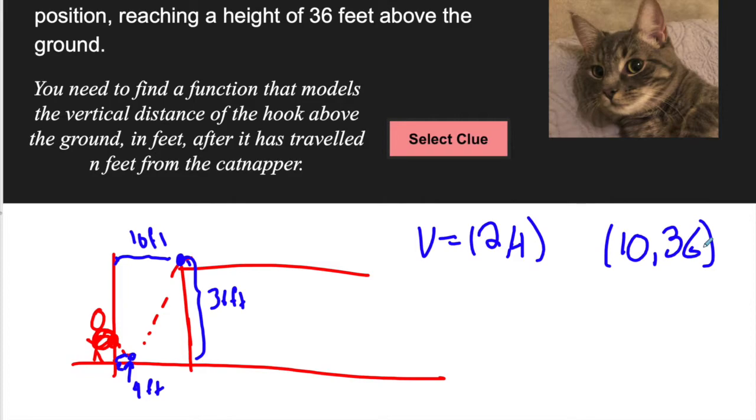So given this information, we need to use what form? We need to use vertex form. So we need to use n as our letter. So let's say I use distance. The distance after the hook has traveled n feet. So the distance in the air after the hook has traveled n horizontal feet.